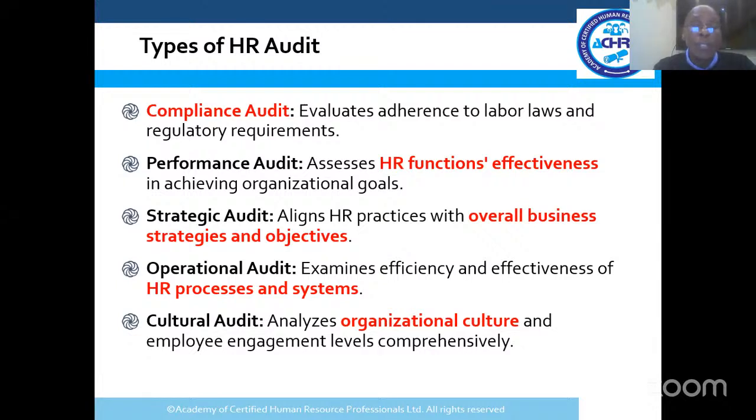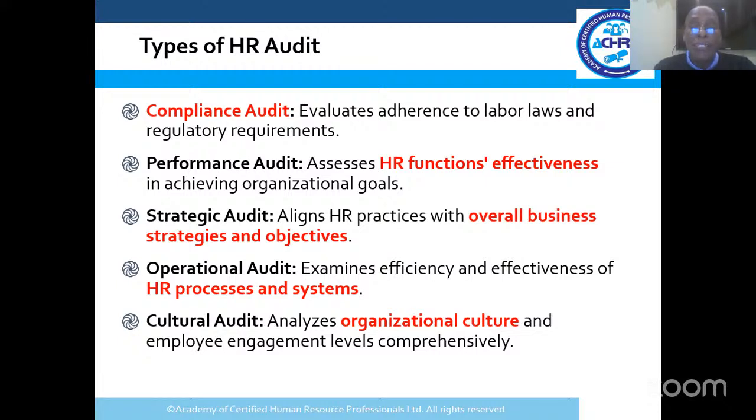The other type of HR audit is the strategic audit, where we are looking at how the HR practices, policies, and systems are aligned with the corporate strategies. As it were, all HR functions must help to achieve the three or four key aspects related to corporate strategy.